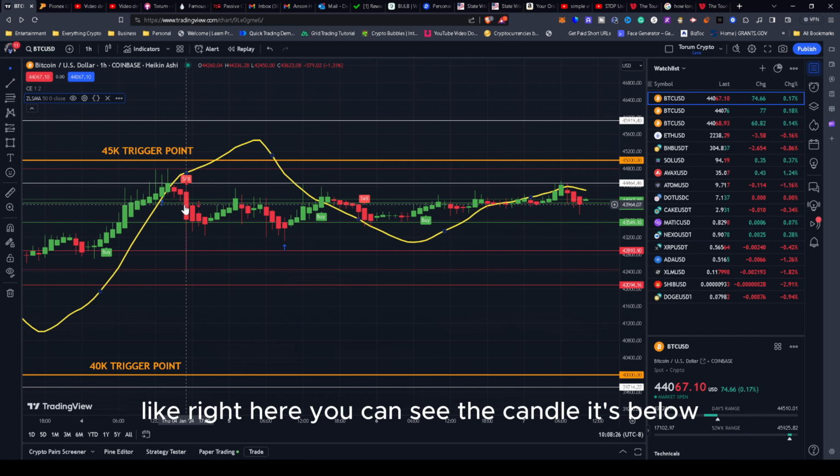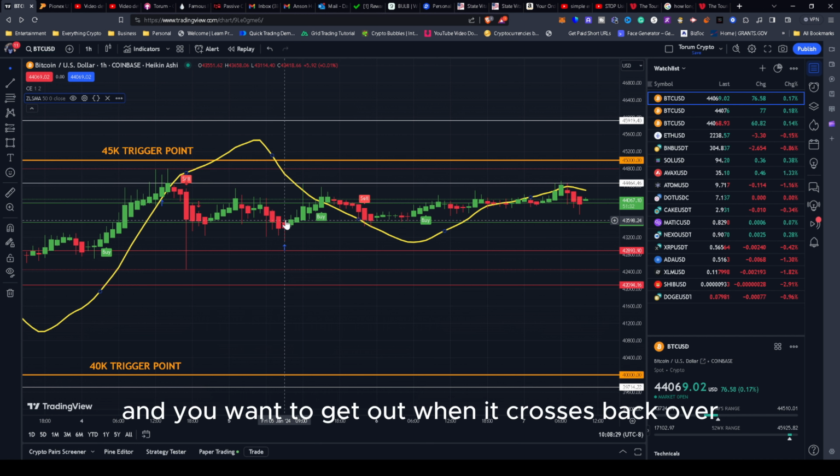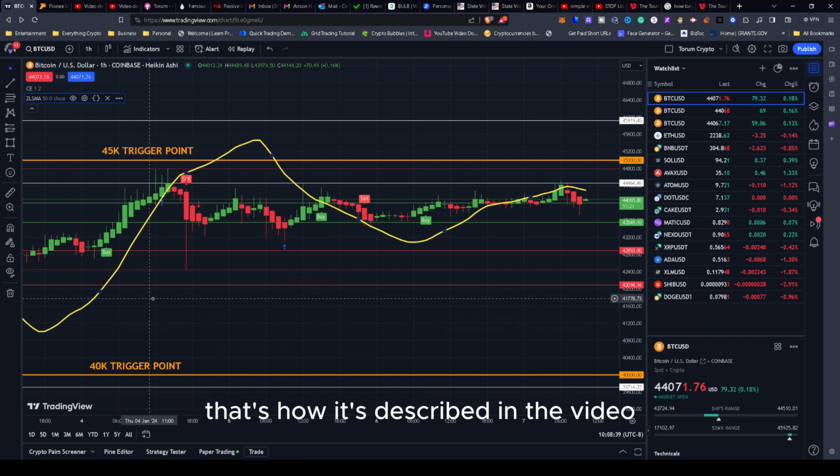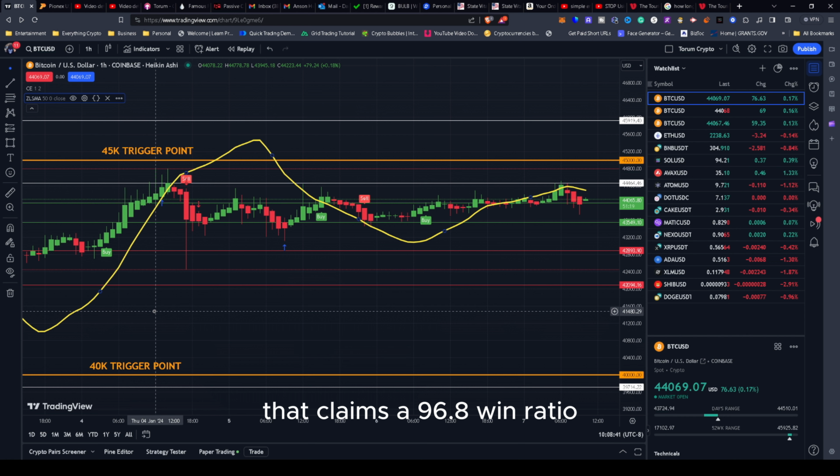Like right here, you can see the candle is below, and you want to get out when it crosses back over. That's how it's described in the video that claims a 96.8 win ratio.